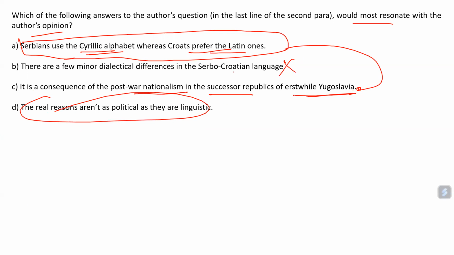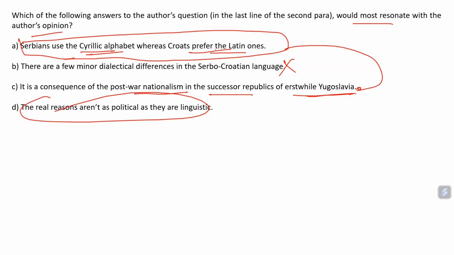Read the lines in option A very carefully. Serbians use the Cyrillic alphabet, whereas Croats prefer the Latin ones. It can be understood from the portion that we had seen that Serbians wrote it with Cyrillic. That is certain. Serbians wrote it with Cyrillic, and Croats, Muslims and Montenegrins prefer the Latin one.